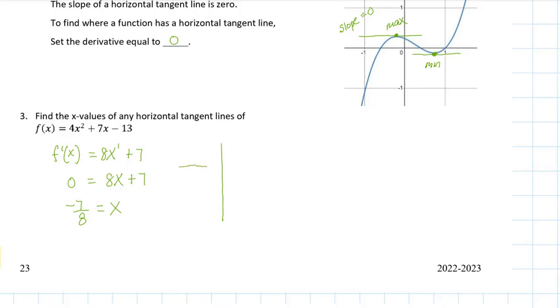It goes down pretty far. I know that just because of the negative 13 here. But at x equals negative 7/8, so if this was negative 1 right here, somewhere down here at negative 7/8 is the bottom of that parabola. Okay, and it would do something like that.